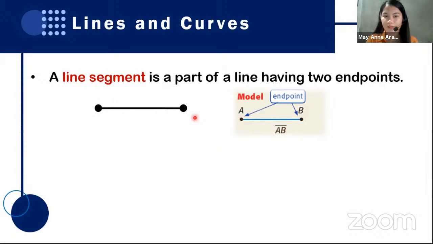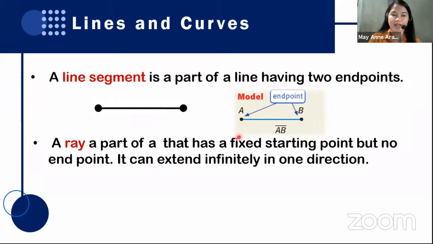For the points, we have A, B, and the symbol is a line above the two letters, A, B. A line has arrows at the two ends, on the left and on the right, and a line segment has no arrow. A ray is a part of a line that has a fixed starting point but no endpoint, so it can extend infinitely in one direction.